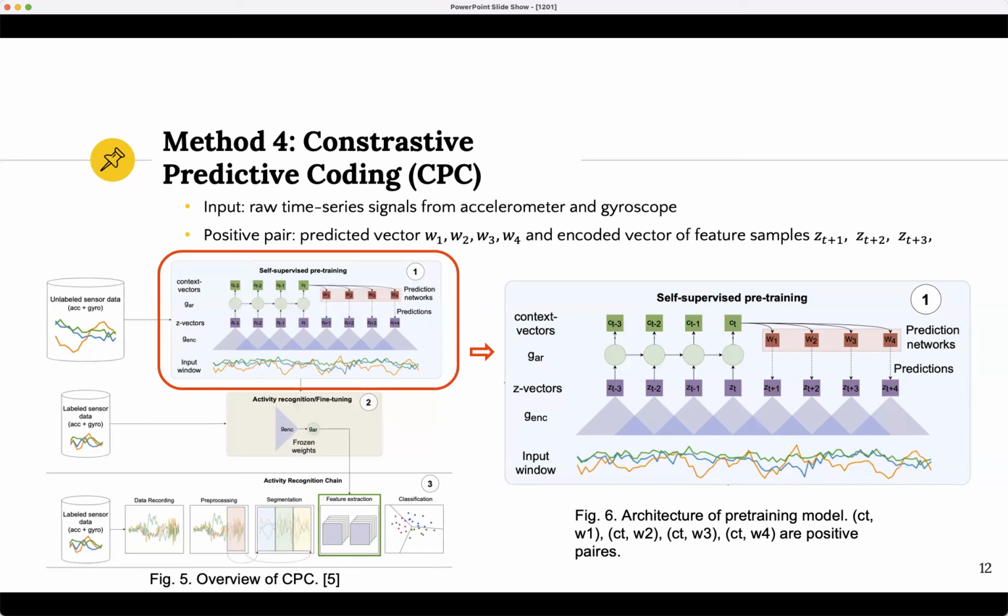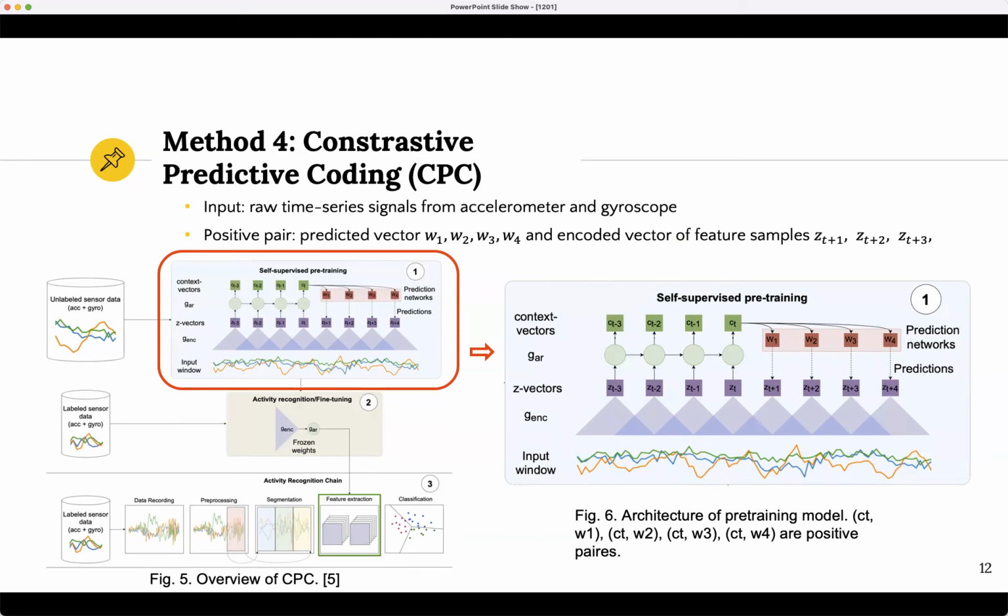From the bottom to top, the raw time series signals are segmented into fixed frames. Let's say one frame includes L time steps, and the data in each time step consists of readings from 6 sensors.